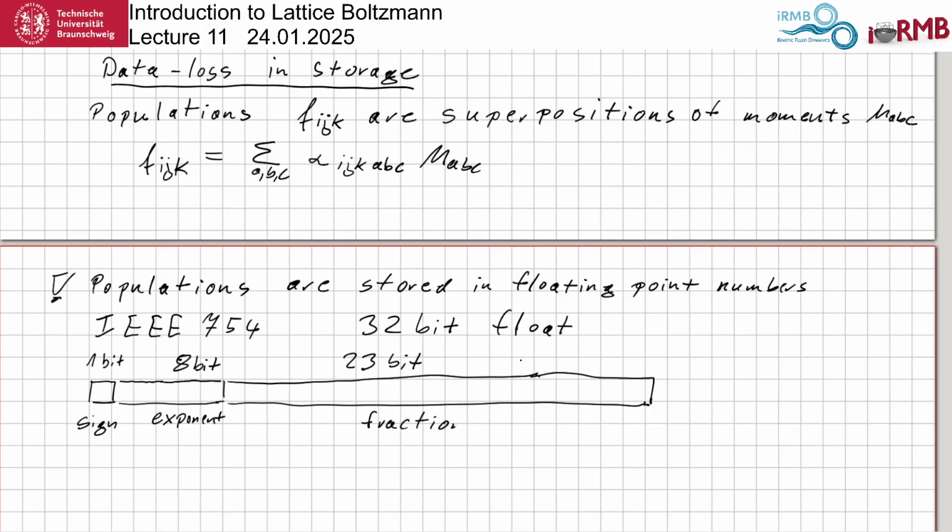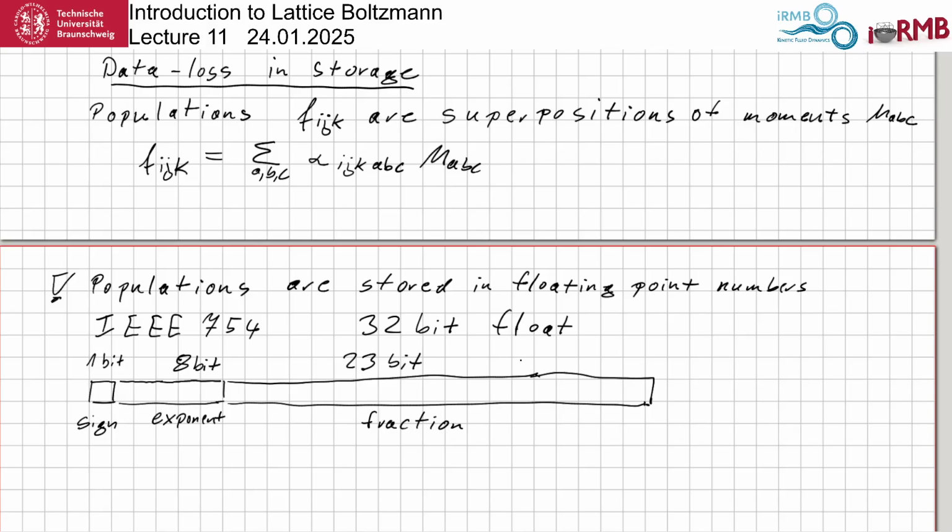This is where the actual number is. The exponent tells you the position of the floating point, and the fraction tells you what your actual number is. If we calculate in single precision, this is where we have to store our populations. This one is single precision, 32 bits.